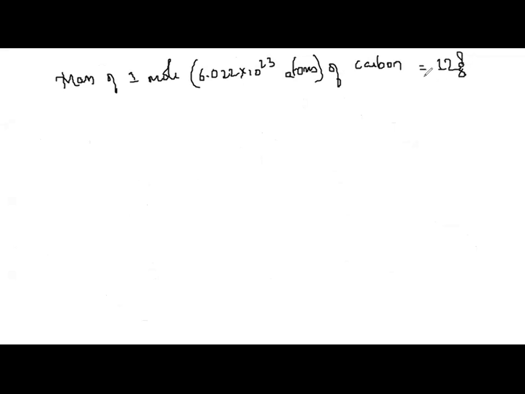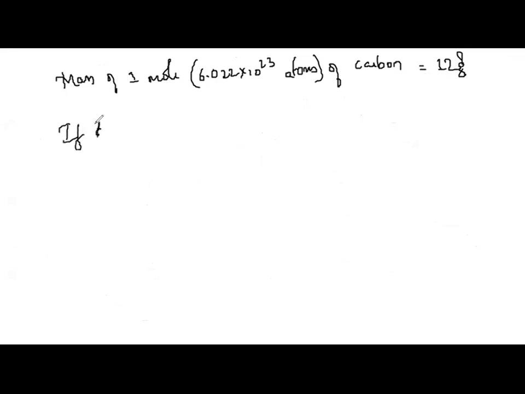Mass of 1 mole, we say 6.022 into 10 raised to 23 atoms of carbon. If I say mass of 1 mole of carbon, that is equal to how much? It is equal to 12 grams. Same, 1 mole is Avogadro number and that is equal to atomic mass.